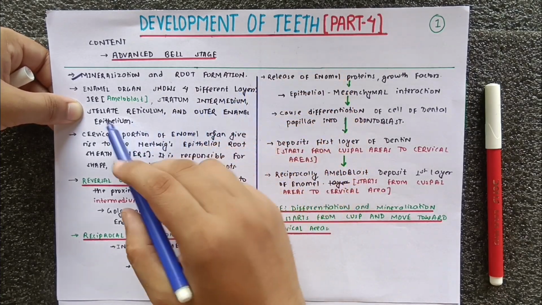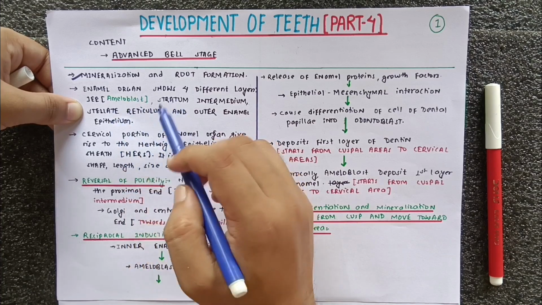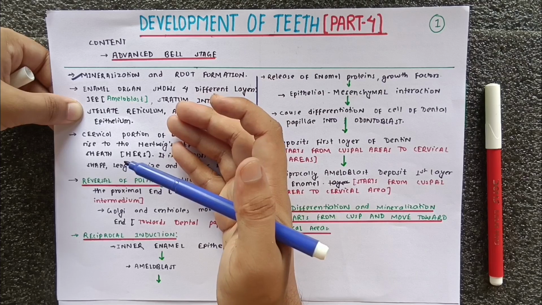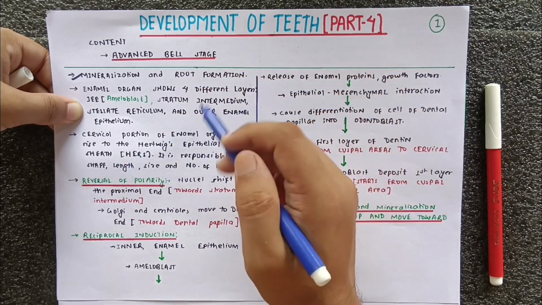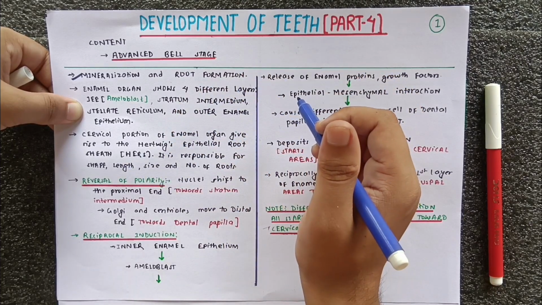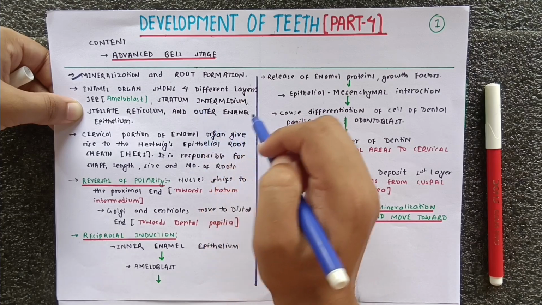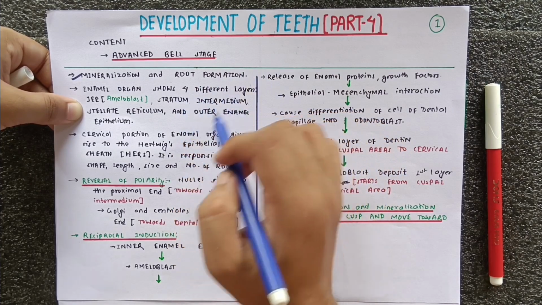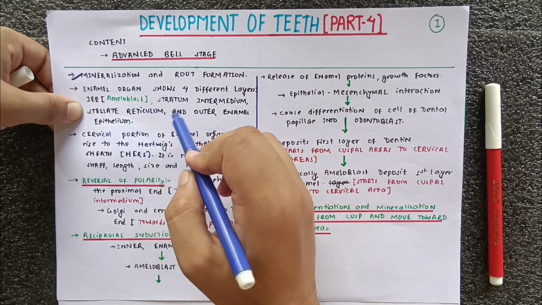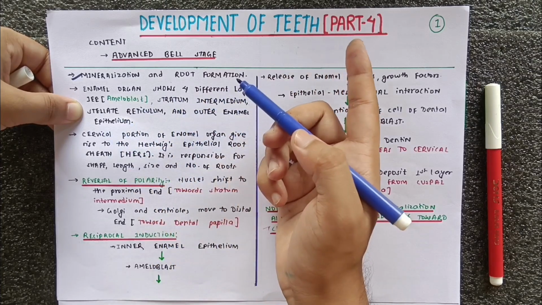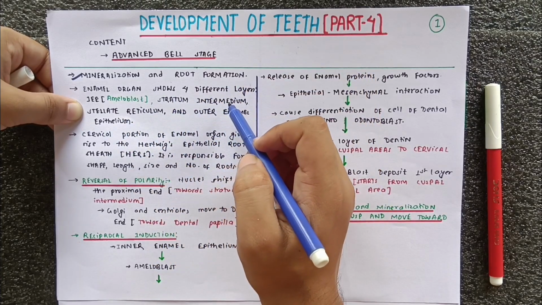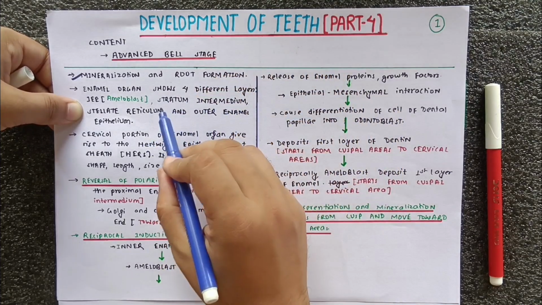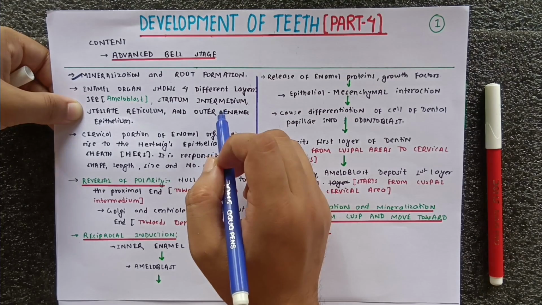In the stellate reticulum there were star-shaped cells. The outer enamel epithelium was of low columnar cells, the inner enamel epithelium was of columnar cells. The stratum intermedium formed in the early bell stage, and it has 2 to 3 layers of squamous cells.